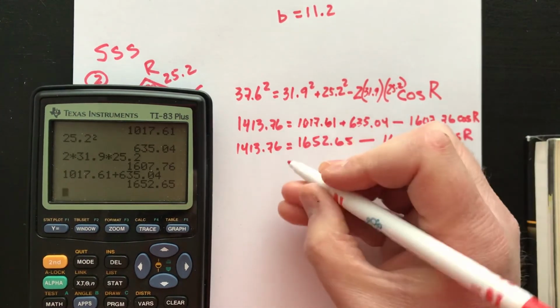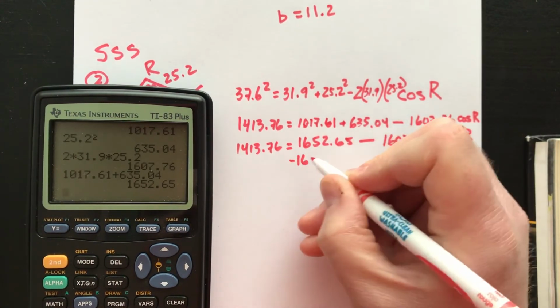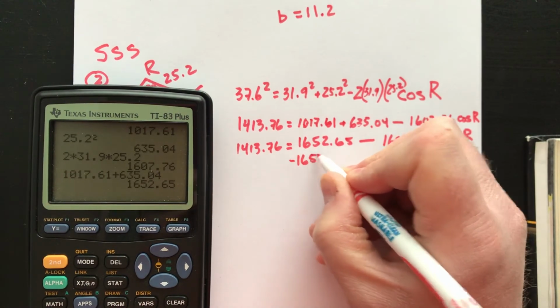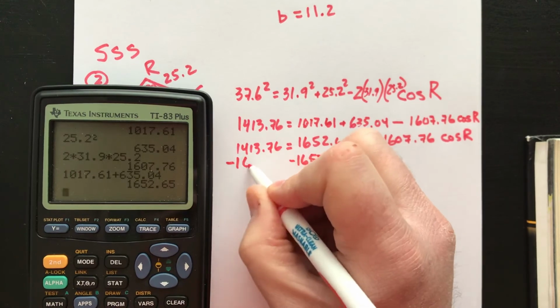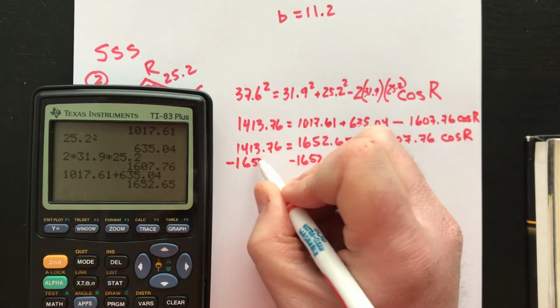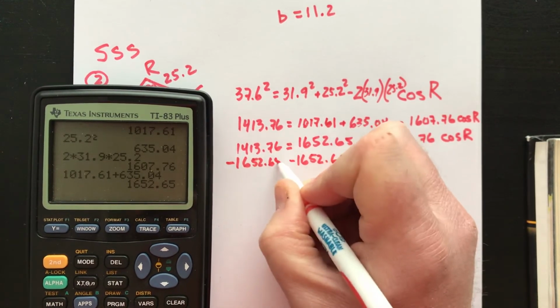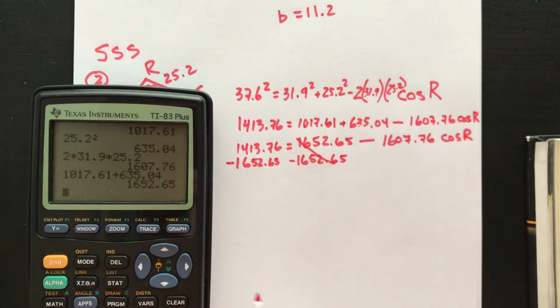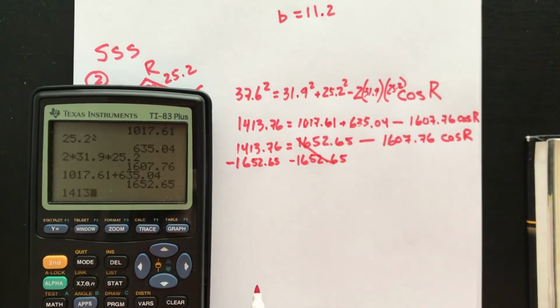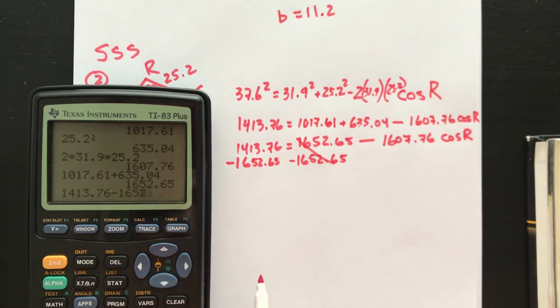So what I'm going to do is subtract 1652.65 on both sides of my equation. So that cancels there. So I have 1413.76 minus 1652.65.